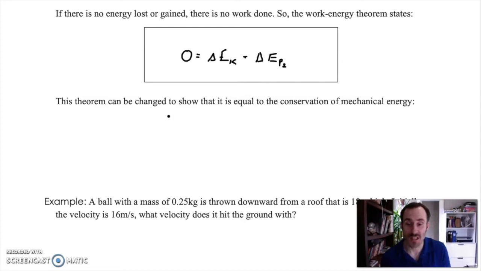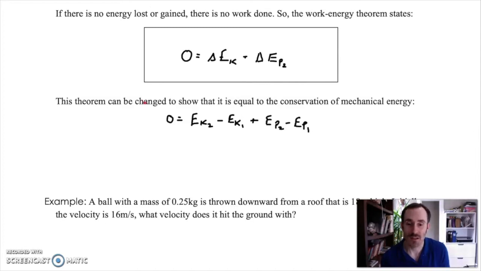Okay, so if this is the case, we can go 0 equals EK2 minus EK1 plus EP2 minus EP1.